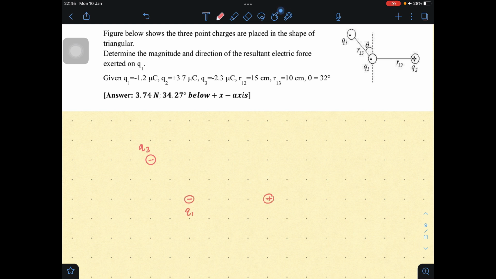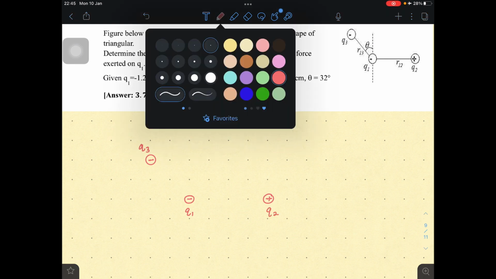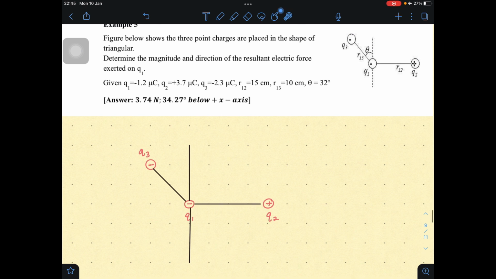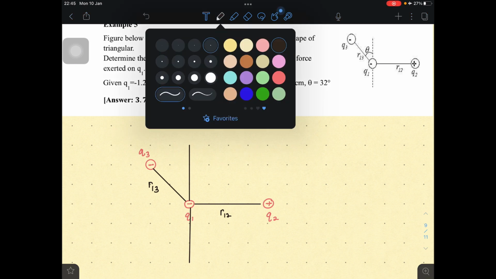And then positive for Q2. Okay, and now we are also given the distance between the charges. So this one R12, R13.